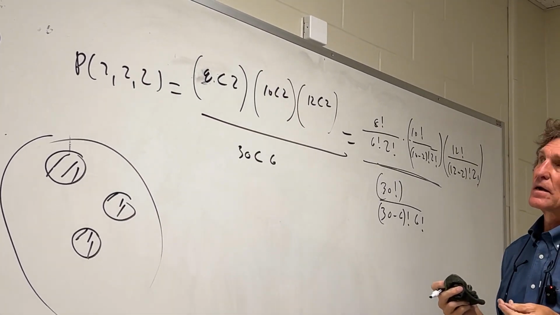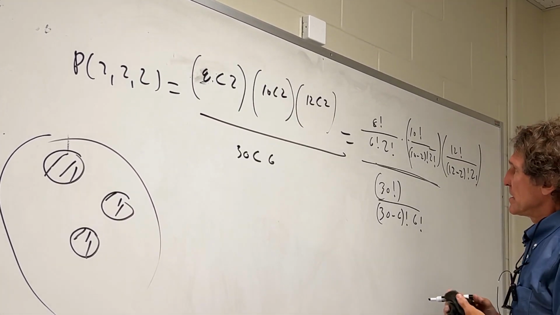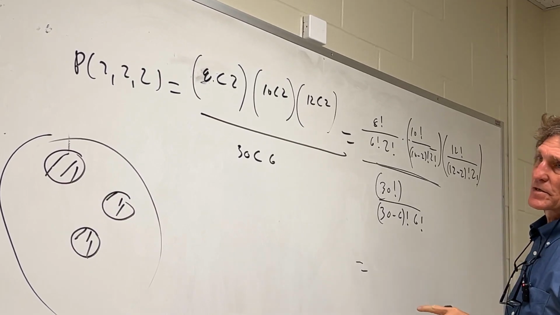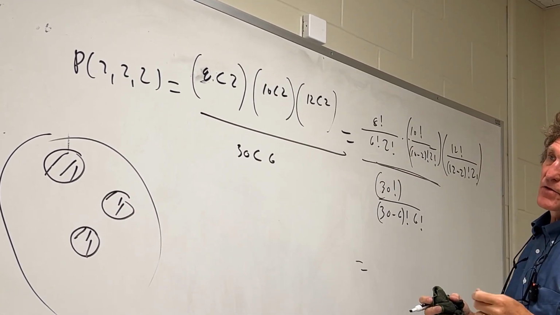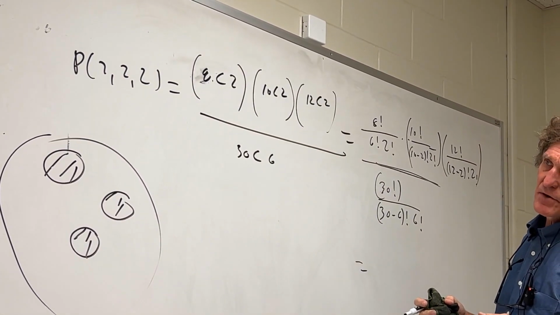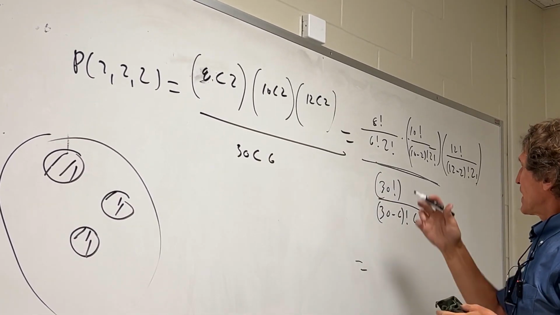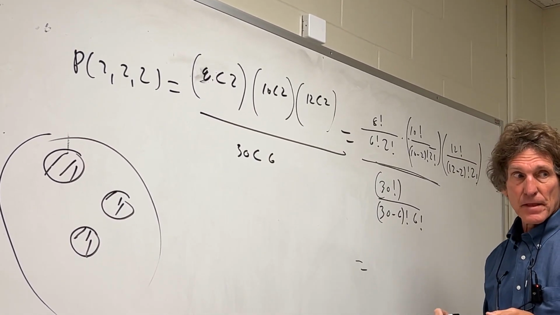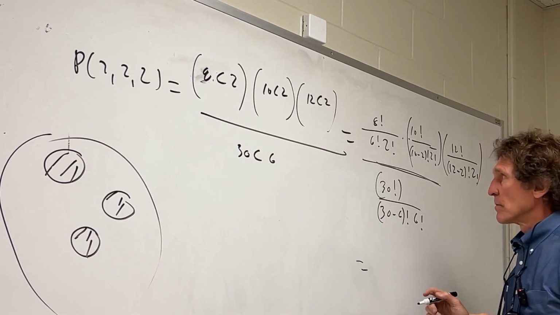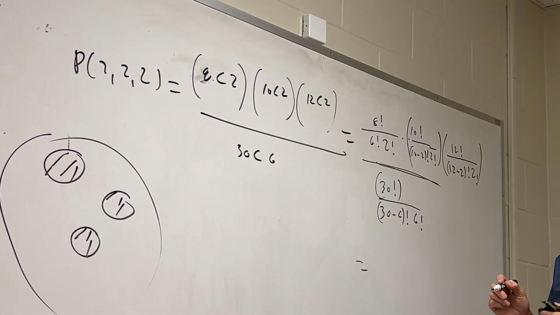That should be correct, I think. So that's that number, 593,775 divided into all this. It's 83,160. What is? The answer.